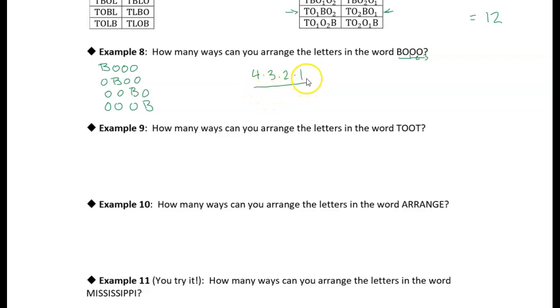But that permutation assumes that those O's are distinguishable, that we can tell the difference between B, O1, O2, O3 and B, O2, O1, O3, right? But really they're not distinguishable.